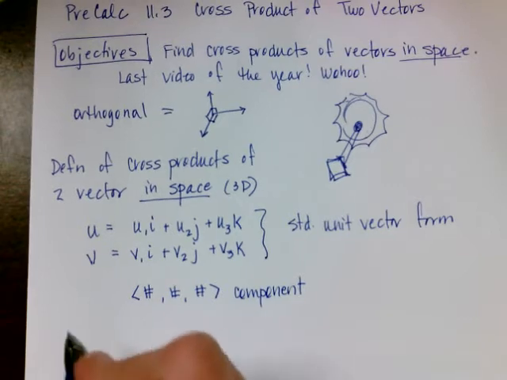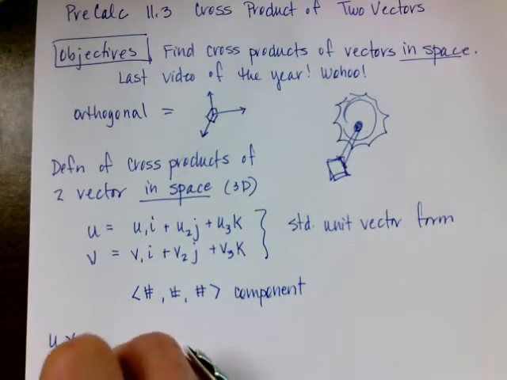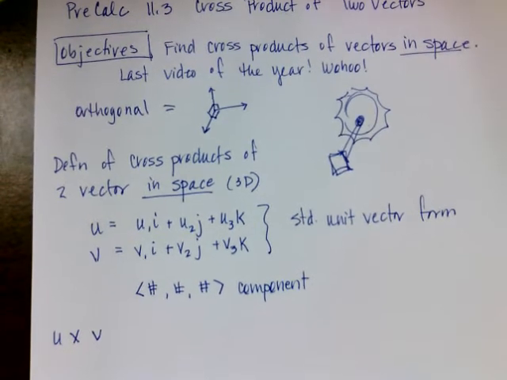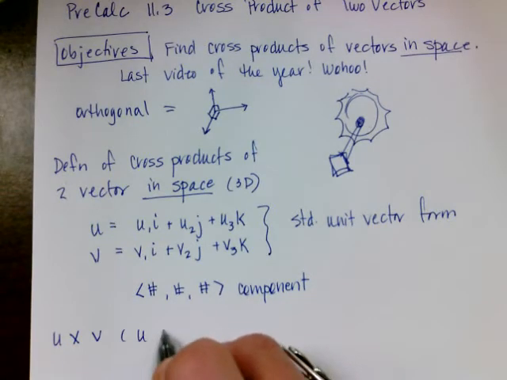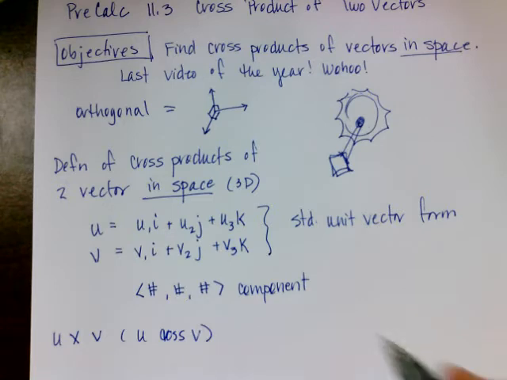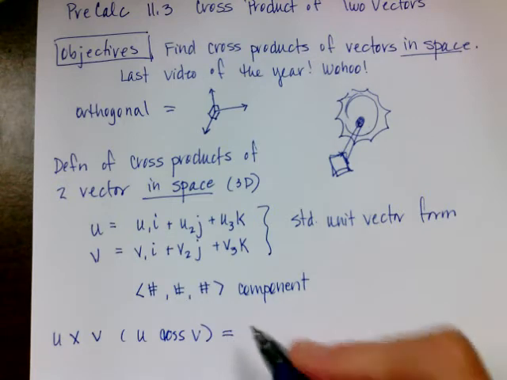Alrighty, so if I want to do a cross product, there's my cross product symbol, and that is going to be u cross v, and that gives me this lovely mess.